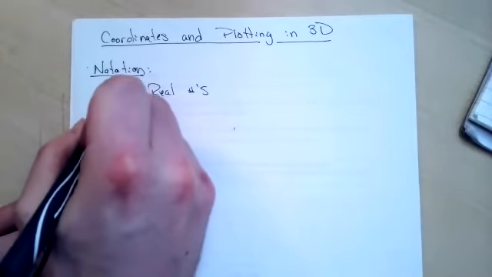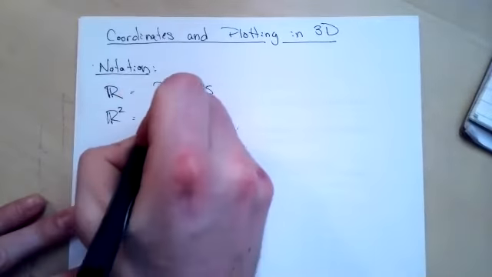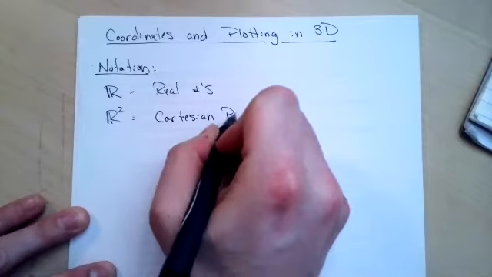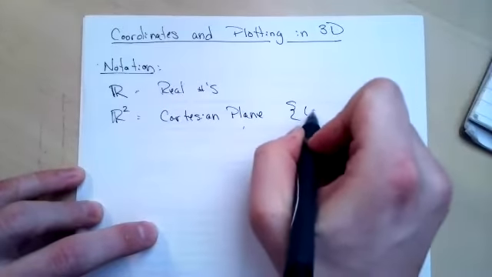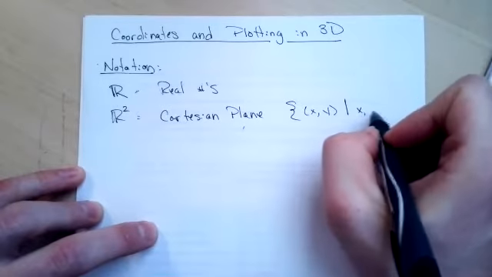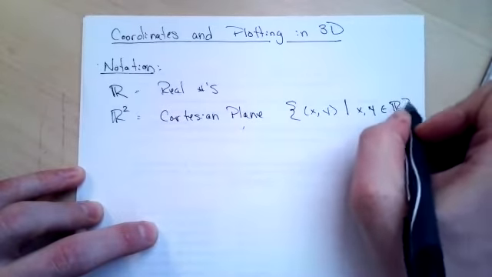When we say things like R2, this is the Cartesian plane. In set notation, we write it as the set of all x and y, such that x and y are both in R.